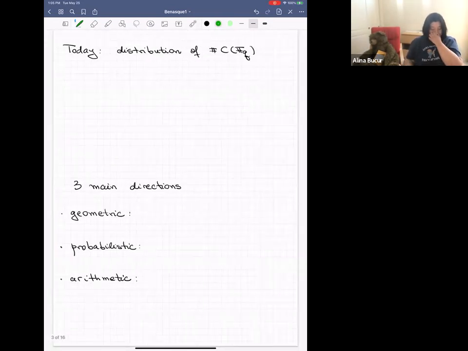Okay. So today we are going to look at the distribution of the number of F_q points on a curve C as we vary different things.